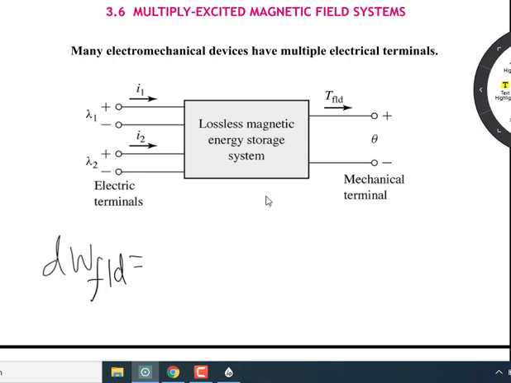Obviously that will be a function of lambda 1, lambda 2, theta, and if we consider the co-energy it will be a function of I1, I2 and theta.